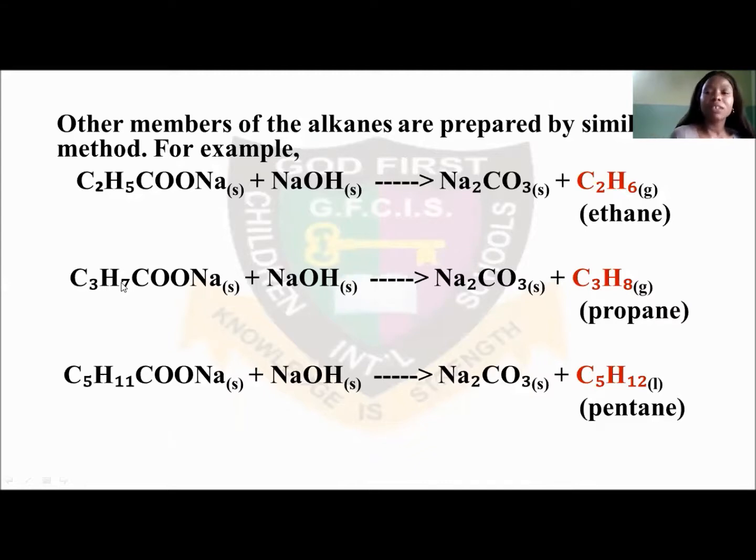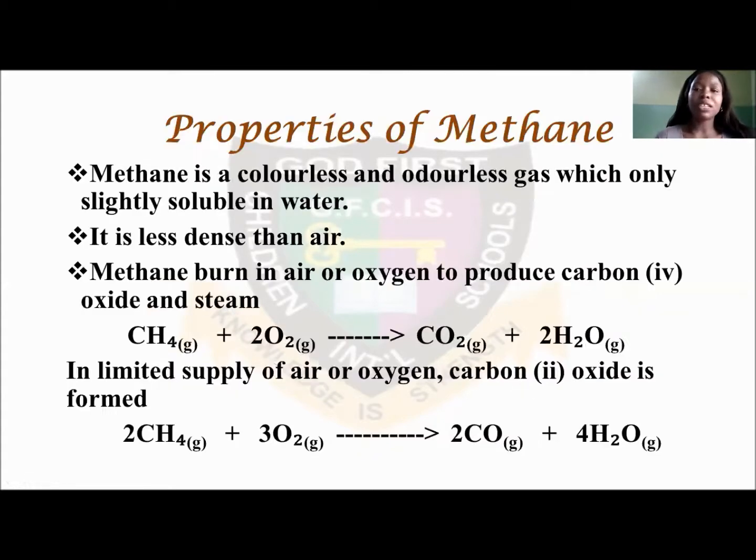For pentane, with molecular formula C5H12, you use C5H11COONa, the alkanoate with that molecular formula. For butane, C4H10, you use an alkanoate of molecular formula C4H9COONa. We add it to sodium hydroxide and you get butane. So I hope you understand this.